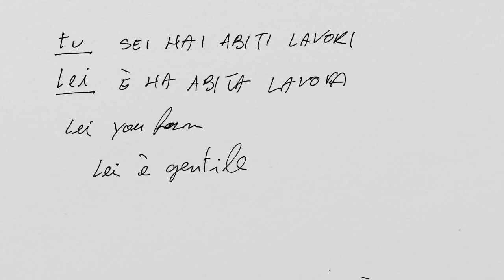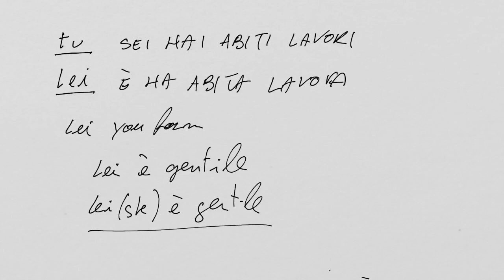So, for example, lei, equal she, è gentile. In this case, it means she is gentle. Remember this. So you see they have exactly the same form.